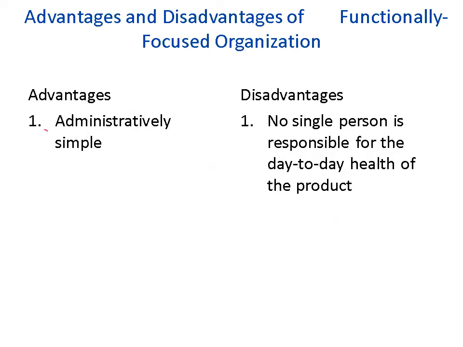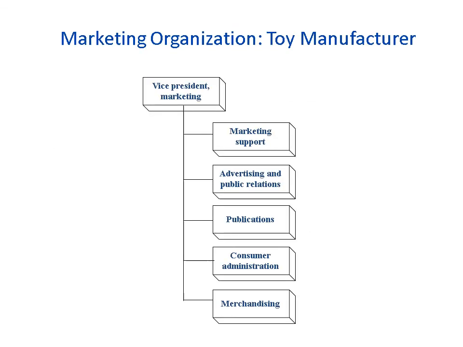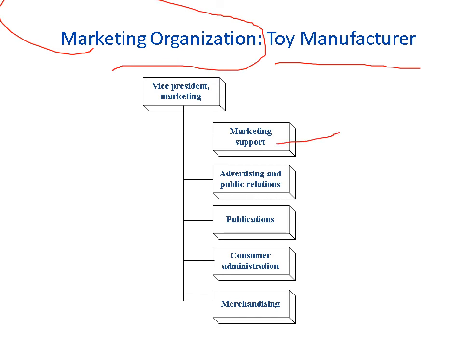Advantages, of course: it is administratively simple in functional. There's no single person that is responsible for the day-to-day health of the product. Everybody's involved. So this is a toy manufacturer that follows the marketing organization. We have the marketing support, advertising and public relations, publication, consumer administration, and merchandising. Where is product management?